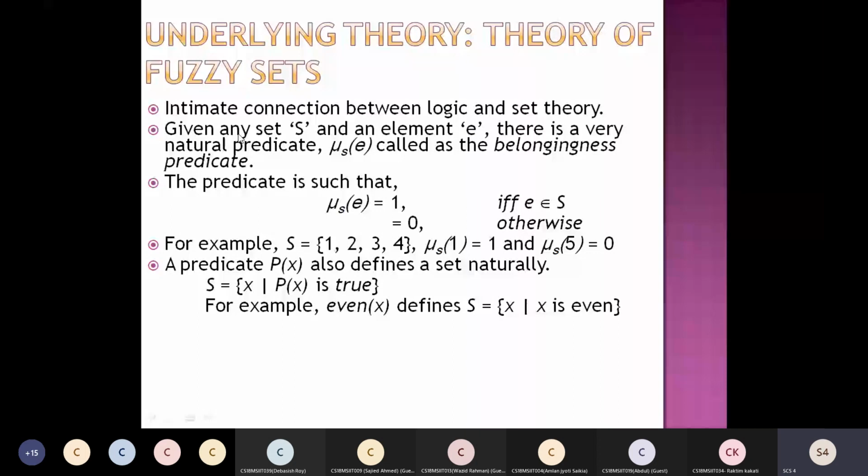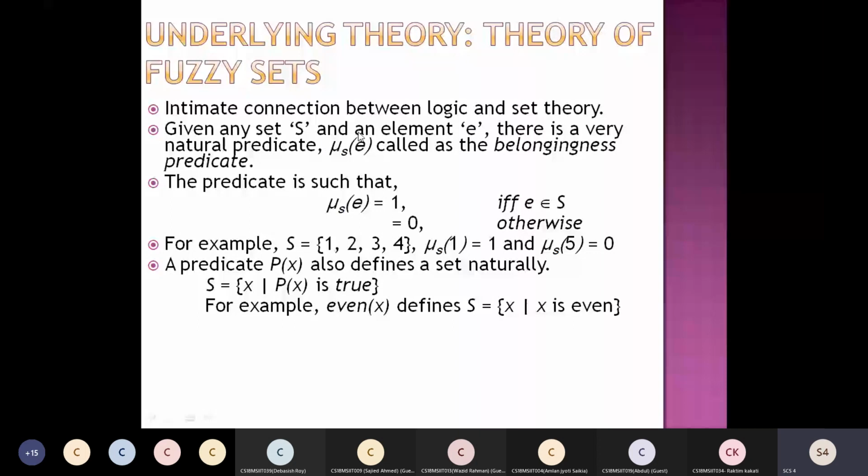Okay, so there is an intimate connection between logic and the set theory. Given any set S and an element E, there is a very natural predicate mu E, this is known as belongingness predicate. What you see here, okay, we also call it membership function. We used to call it membership function also.